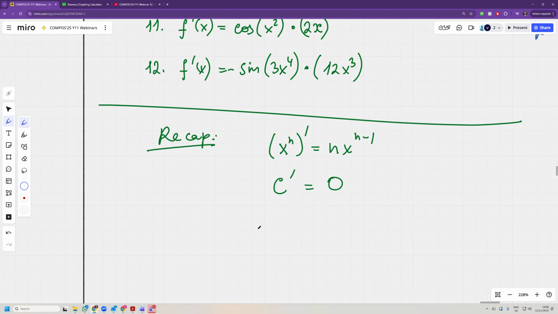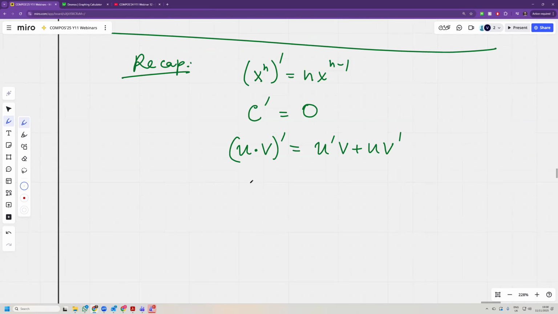We studied that the derivative of the product of two functions is u dash v plus u v dash. The derivative of the quotient is u dash v minus u v dash, divided by v squared.